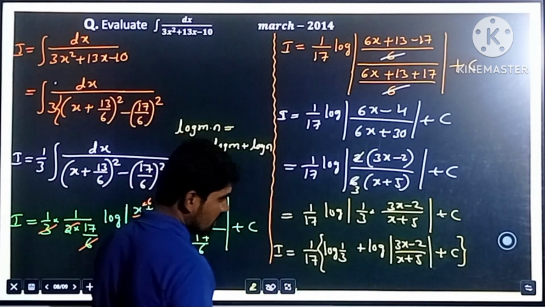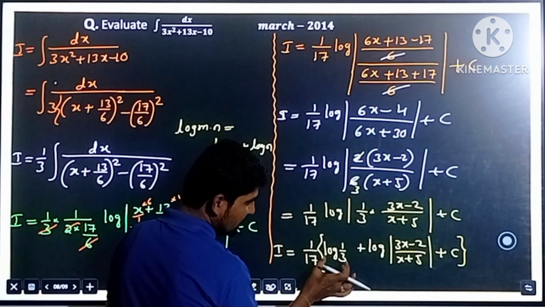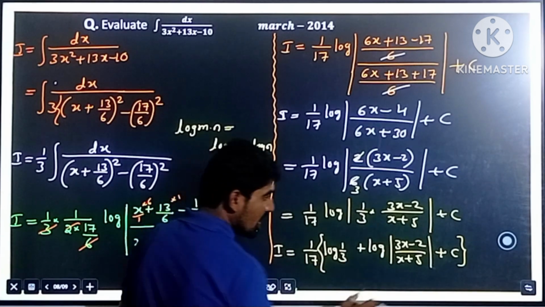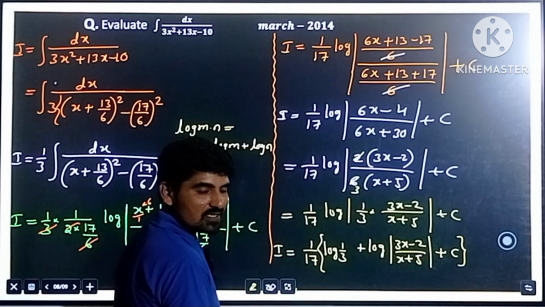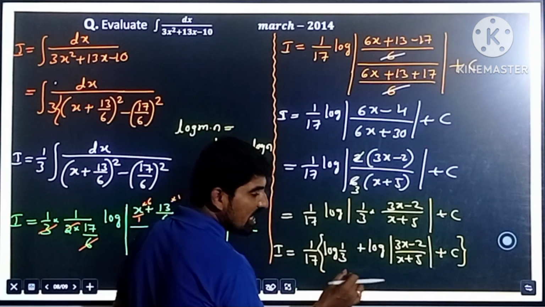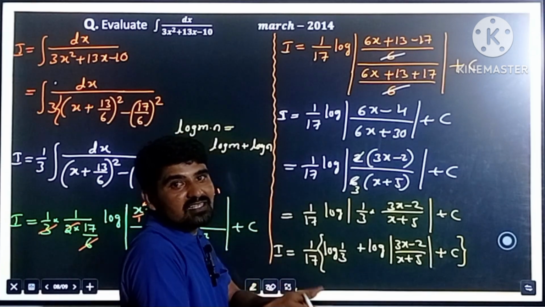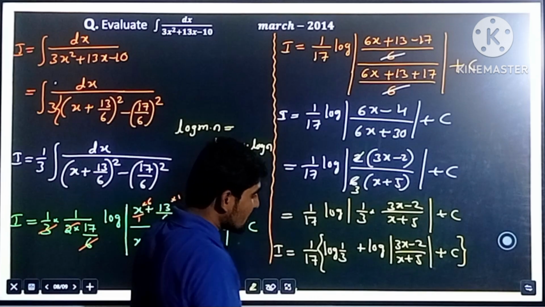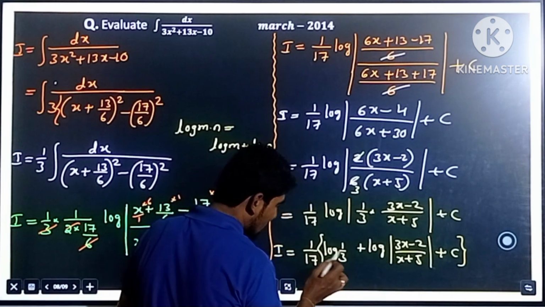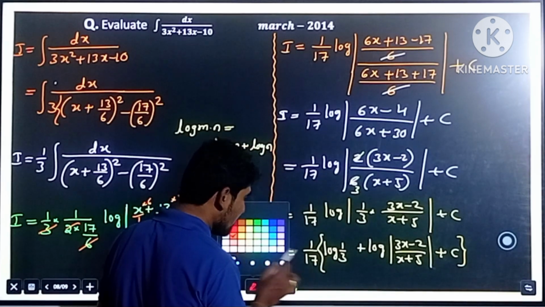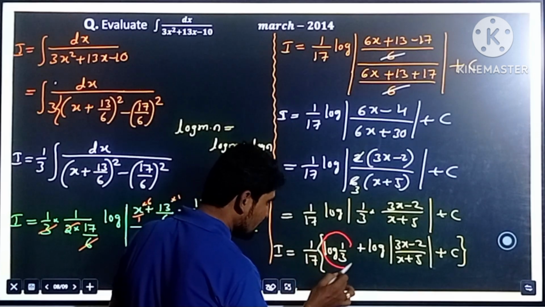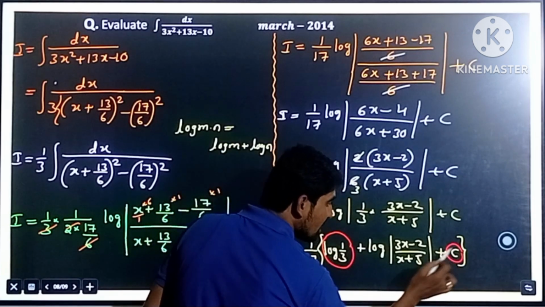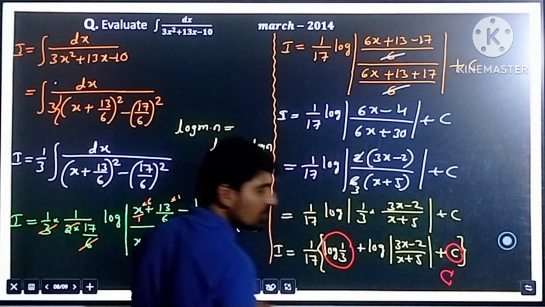Observe here, log 1 by 3 is a constant and plus c is also constant. So we know that if we add any two constants, the answer is also a constant. So inside this bracket, I can replace log 1 by 3 plus c by constant c.